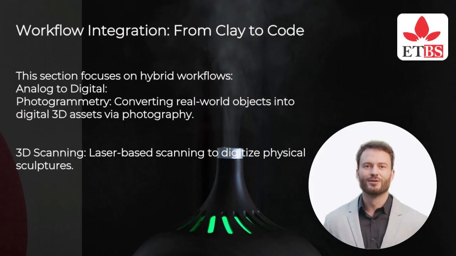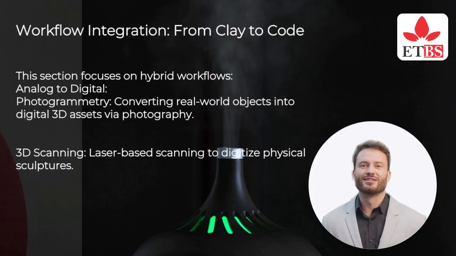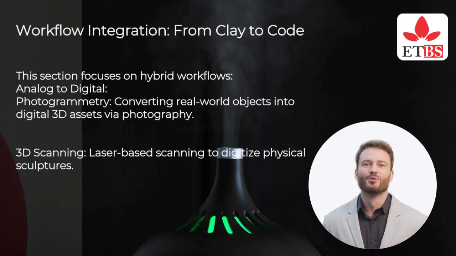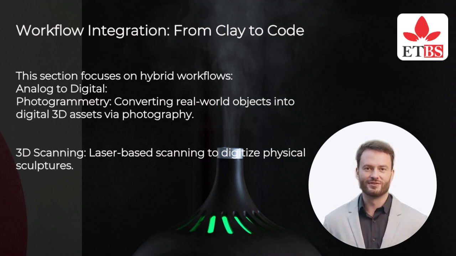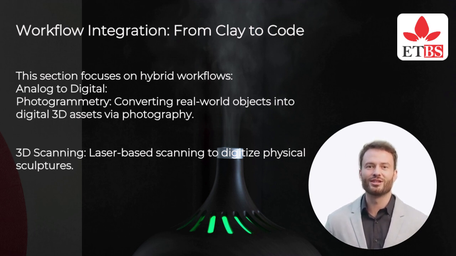Workflow integration, from clay to code. This section focuses on hybrid workflows. Analog to digital: photogrammetry, converting real-world objects into digital 3D assets via photography; 3D scanning, laser-based scanning to digitize physical sculptures; reverse engineering, digitizing broken or historical artifacts for restoration or reprinting.